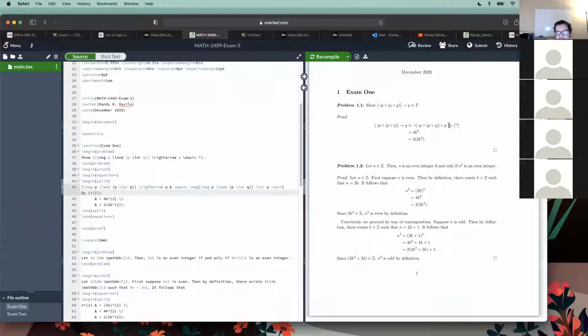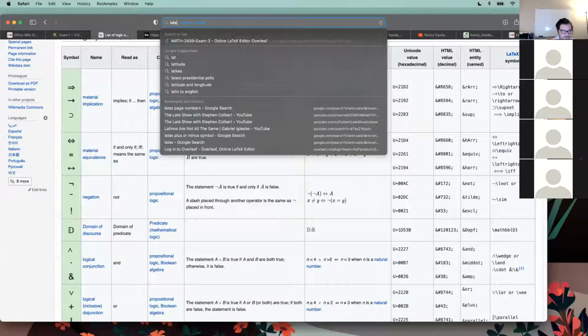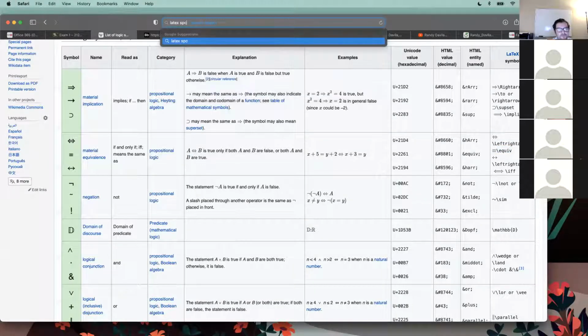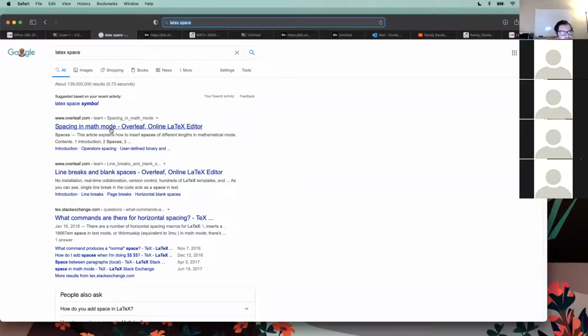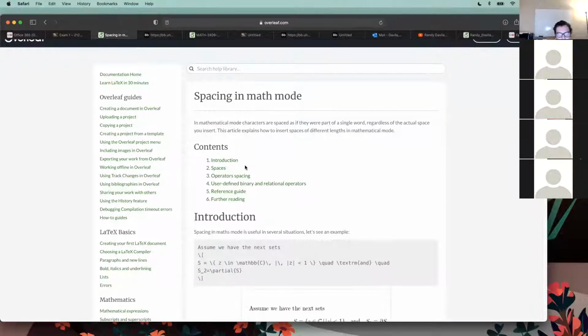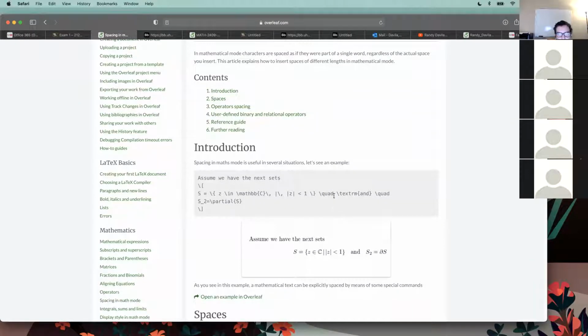Notice that didn't put any spaces. So maybe we can look up space. Maybe \quad, this right here.